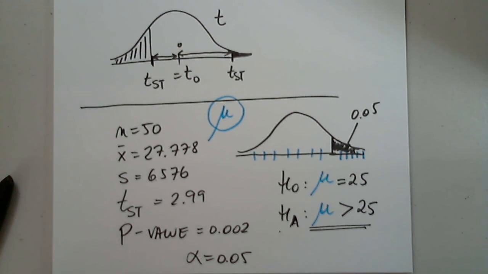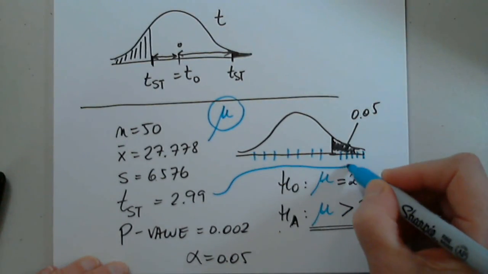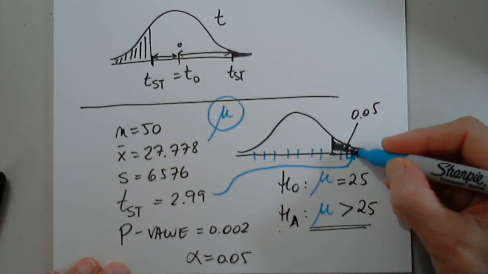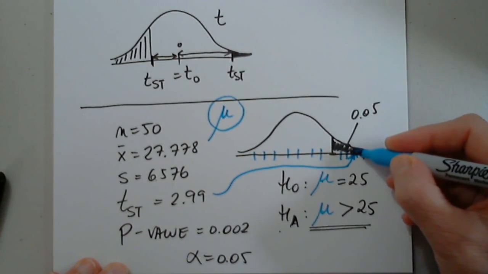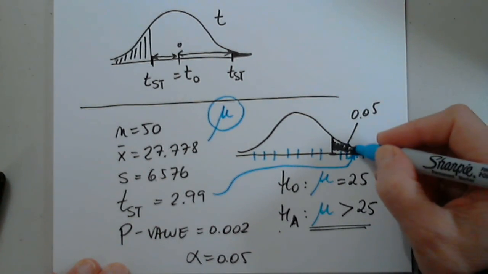So let's put the data in. Of course, this is very clearly in here, I don't need to show anything. How do I know? Because look at the p-value. The p-value is this little piece here, 0.002. It's so small.